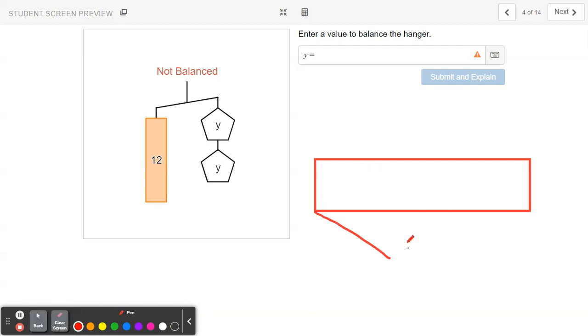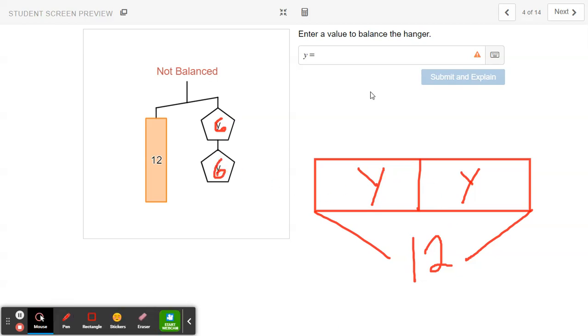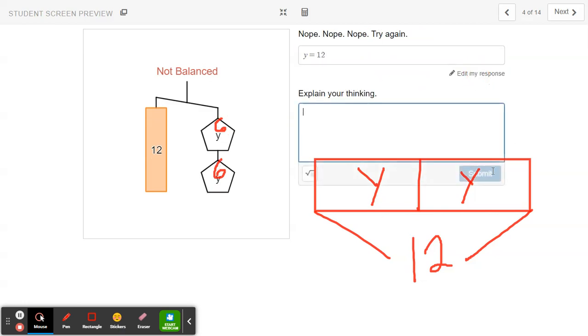That's telling us we have 12 and we have 2 y's, and each y is equal. So if these are equal, what has to be in each one to make 12? 6, right? Because 2 sixes is 12. So y equals 12. For those reasons that I just explained, right? 2 sixes, whoops.